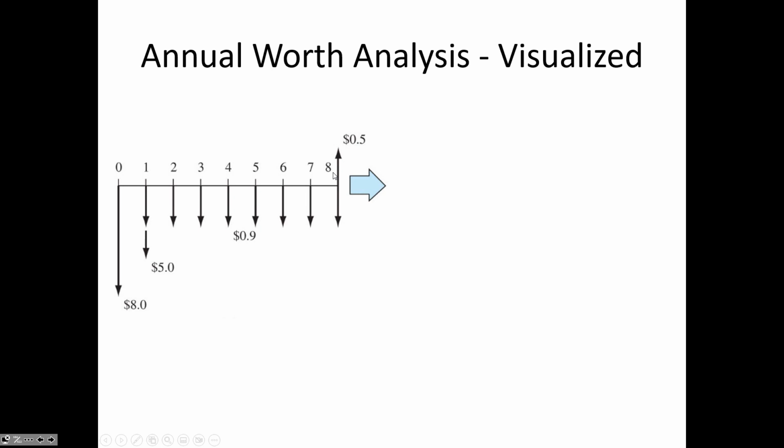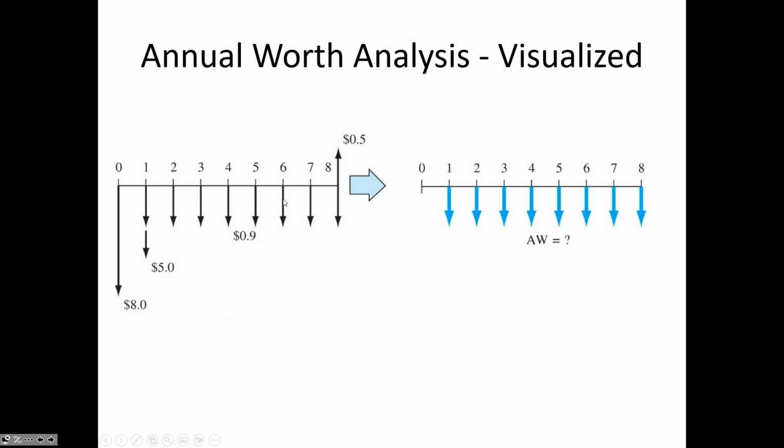Annual worth analysis is translating this cash flow diagram, where there's a different amount each year, into an annual series where each of the amounts are equal in magnitude and it's an unbroken chain. So it's just annualizing anything that isn't already on an annual basis. On this cash flow diagram, the first one, 0.9, I presume this is millions of dollars, is already an annual series.